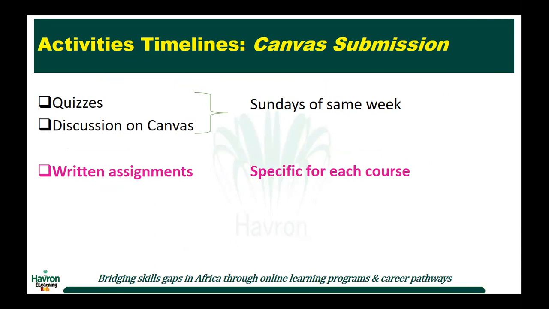So like the quizzes, every quiz is open from the day the module has been unlocked for you. So, for instance, for module 1, the quiz starts that Monday. It is open for you from that Monday to the coming Sunday, which is 7 days.